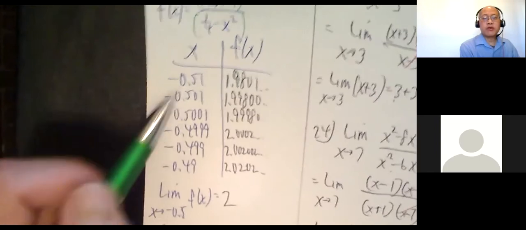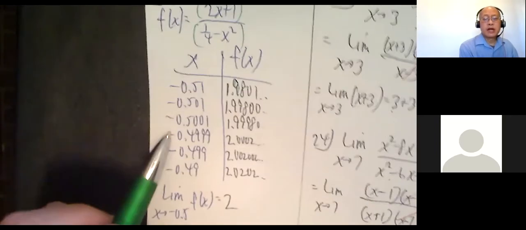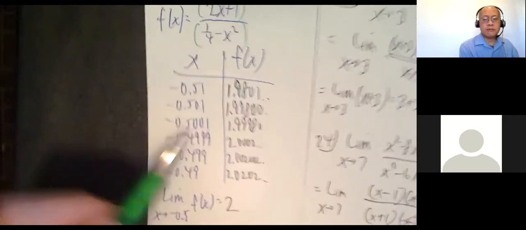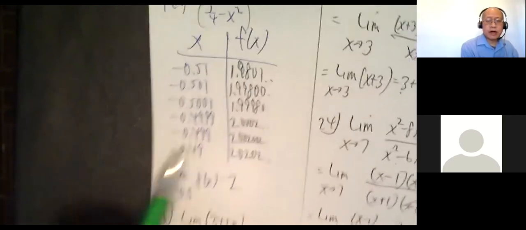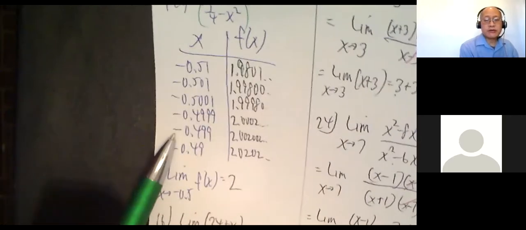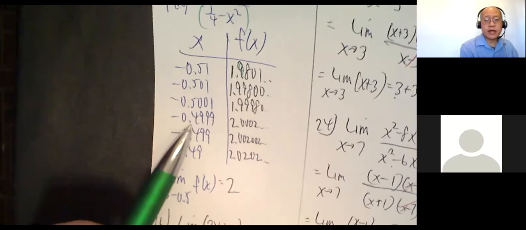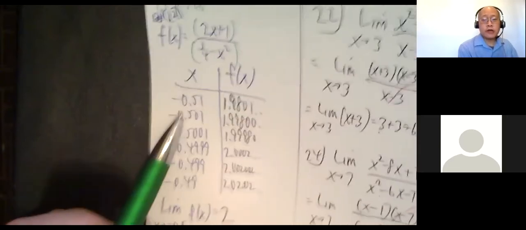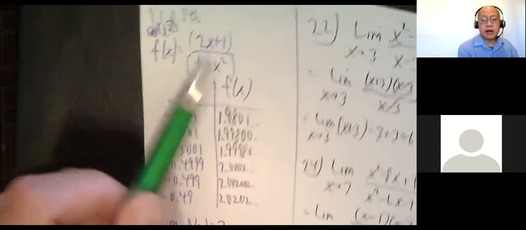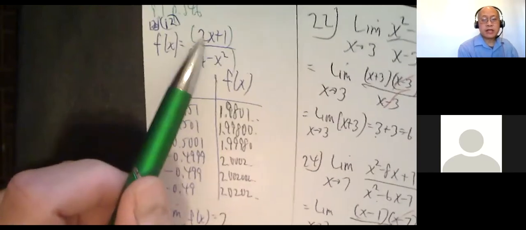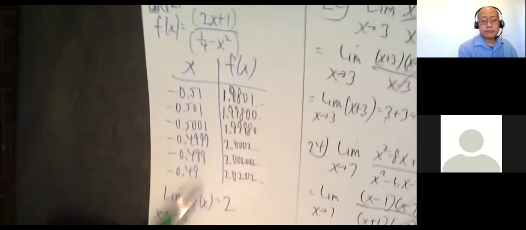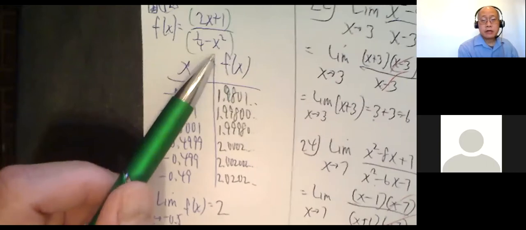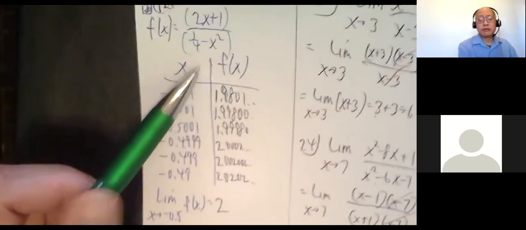Negative 0.51, negative 0.501, negative 0.5001, coming from the left, and coming from the right, negative 0.49, negative 0.499, negative 0.4999, and so on. I took all of these numbers and plugged them in there and there. All 6 of them. It wastes too much class time to do it, so I pre-did it.